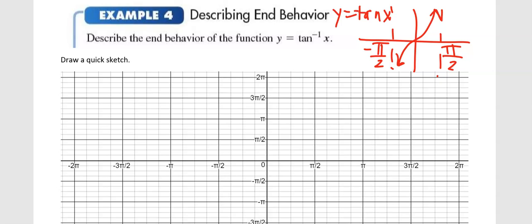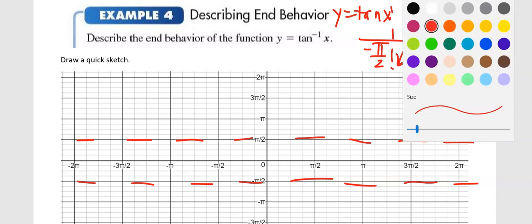What does that do to these asymptotes? If they were vertical asymptotes on the old one, what are they going to be now? Horizontal. Nicely said. And I'm going to do this in blue.